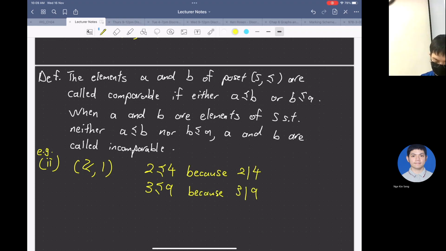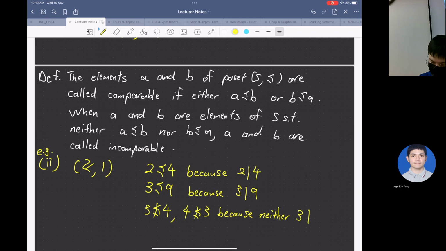But 3 is not less than 4, and 4 is not less than 3, because 3 doesn't divide 4 and 4 doesn't divide 3. There's something you cannot compare, and there's something you can compare.